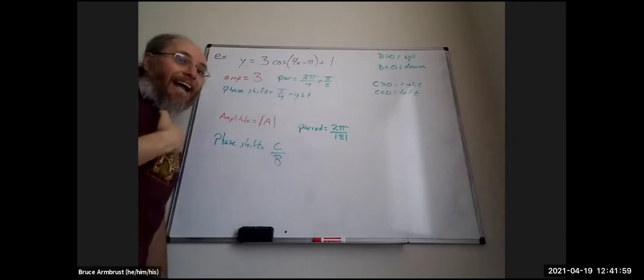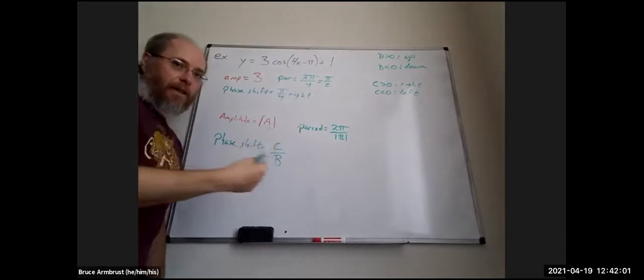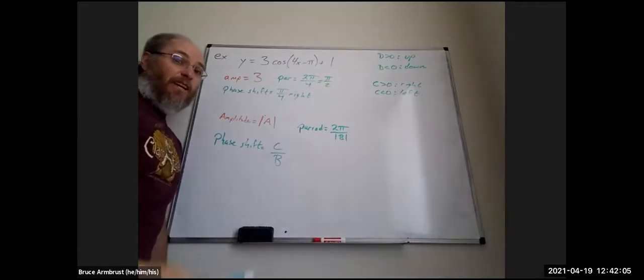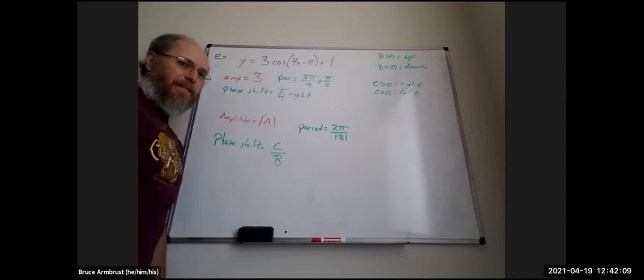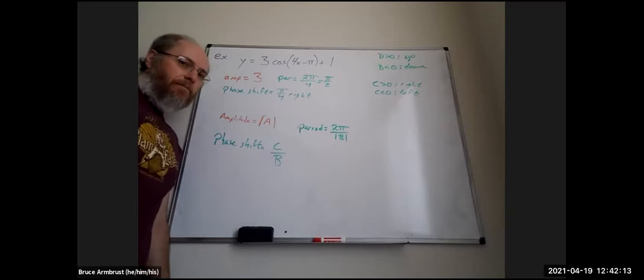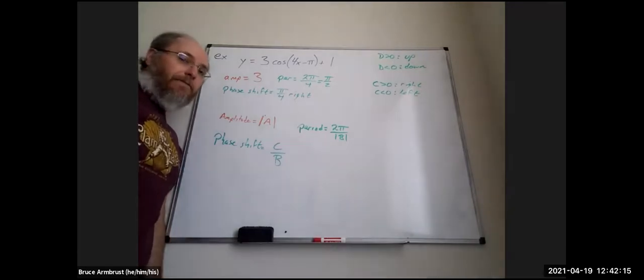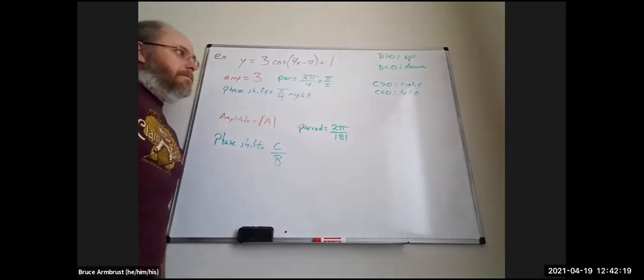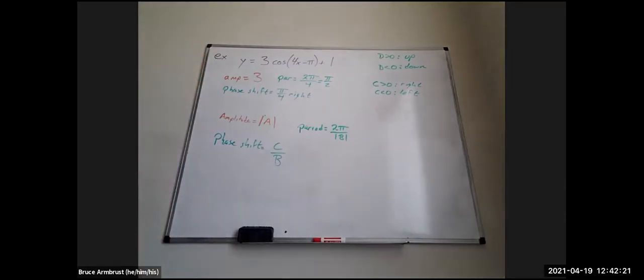I always put right or left when I'm doing my phase shift so that I don't get confused and go the wrong way. I don't like pluses and minuses. In the book, they'll talk about a negative phase shift, positive phase shift. I don't like that. For me personally, I just write out the word left or right.